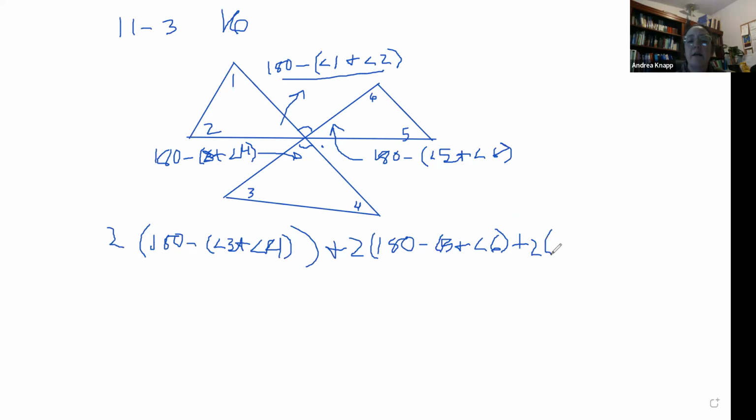Two sets of 180 minus angle 1 plus angle 2. Okay, and all of these angles now around that point should equal 360. Does anybody see something I could do to simplify?